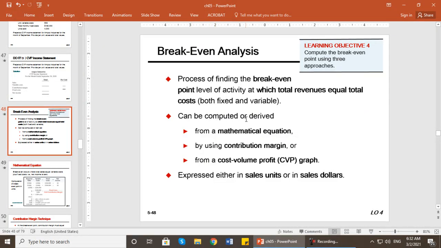It can be computed or derived using 3 approaches: from a mathematical equation, by using contribution margin, or from a cost-volume-profit graph. The break-even point is expressed either in sales units or in sales dollars.